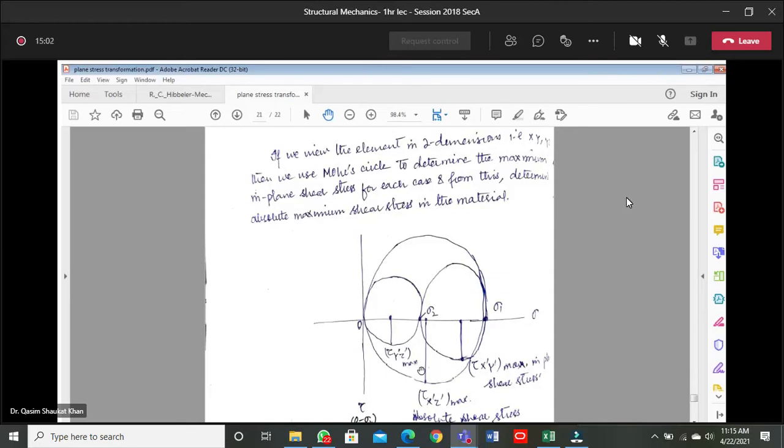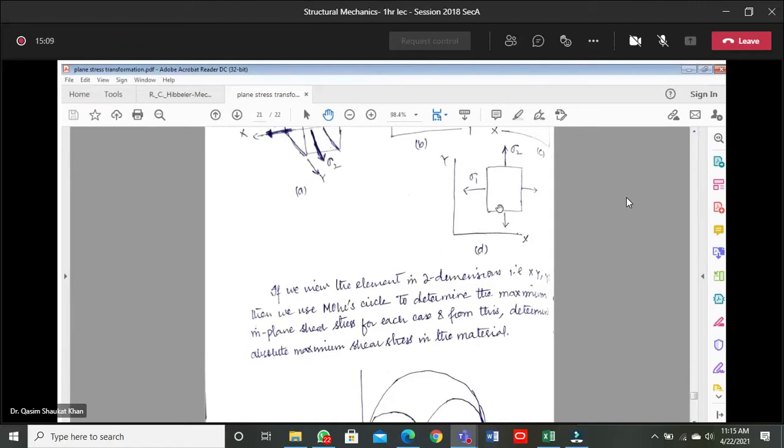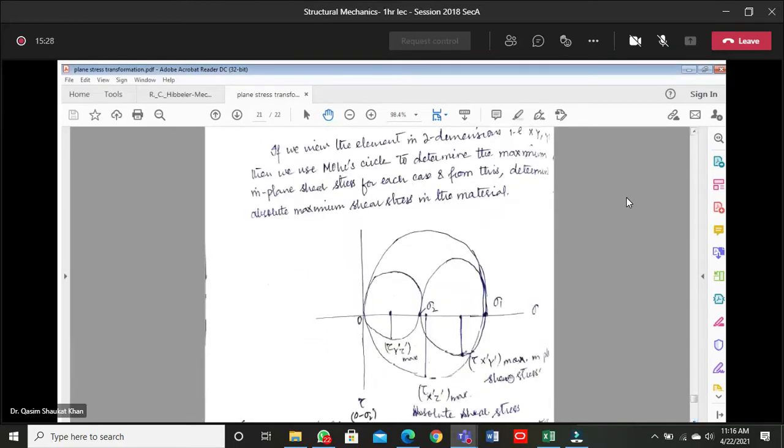Now the third scenario is the XY plane. In the XY plane you have sigma 1 in the x-axis, and you have sigma 2 in the y-axis. So the Mohr circle for this one will be this inner one, connecting sigma 1 and sigma 2.